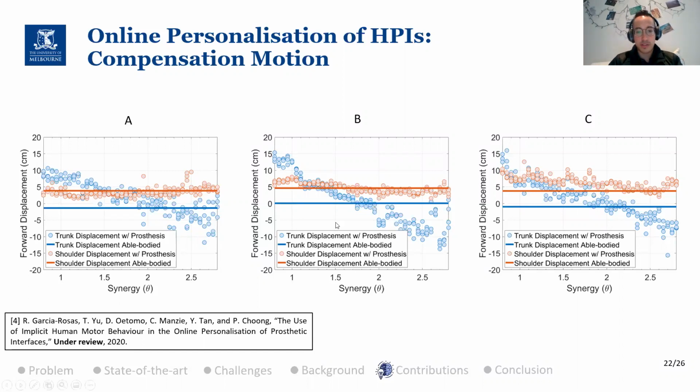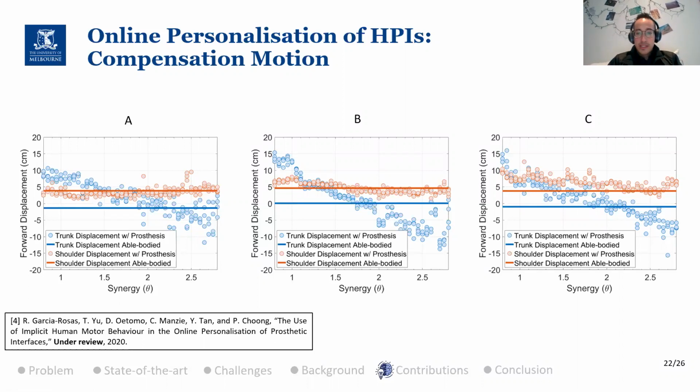The dots and lines represent what people did on average with their able-bodied arm, so when doing the task with their actual arm, what displacement do they have. And the circles are doing that sweep with the supernumerary elbow, the prosthetic elbow.